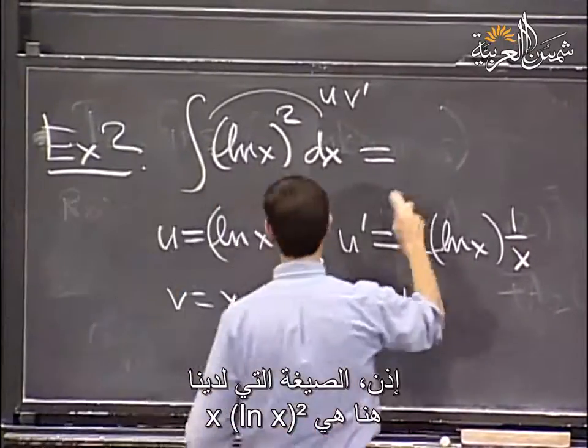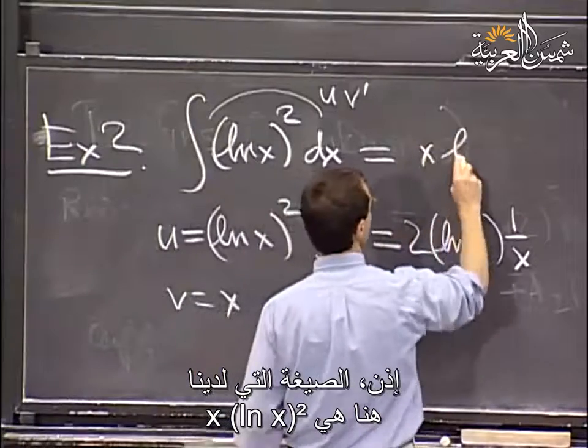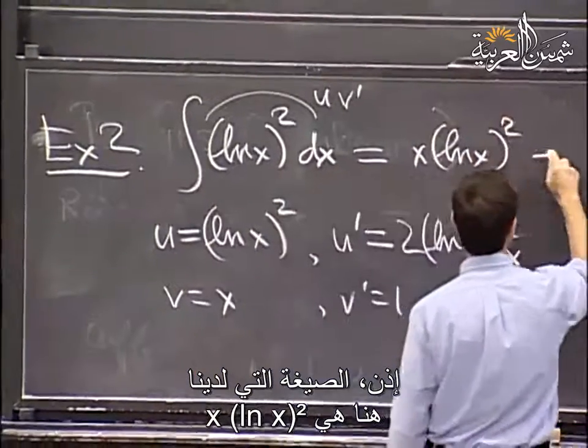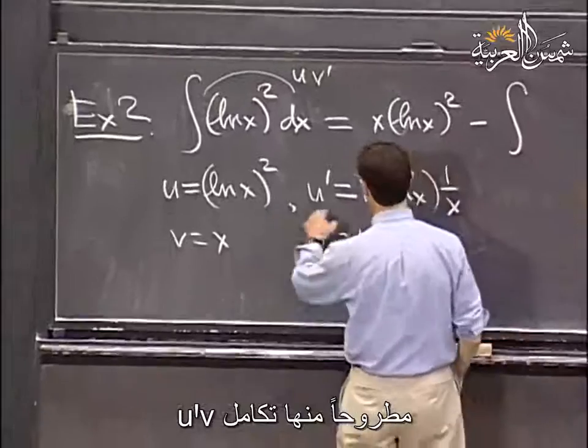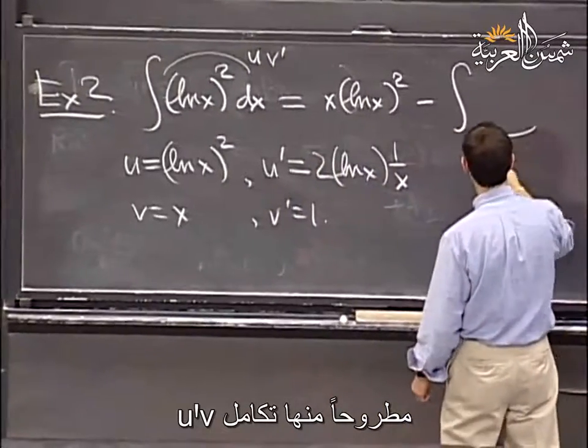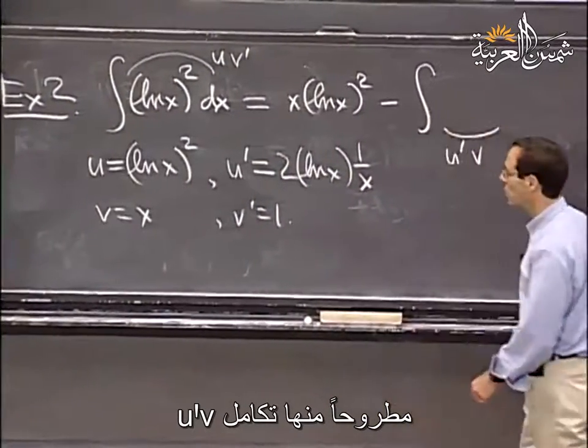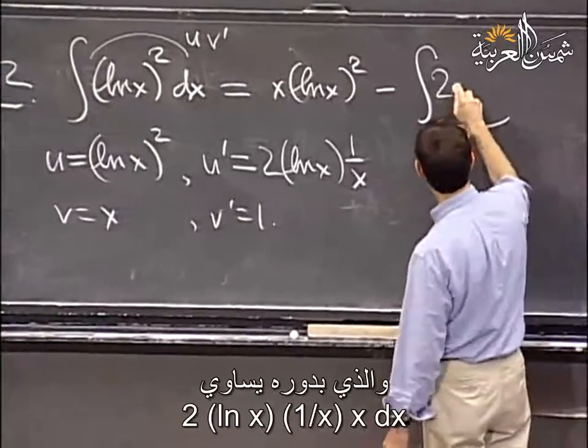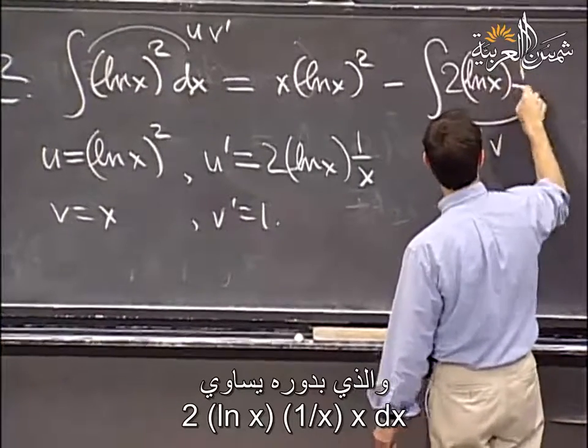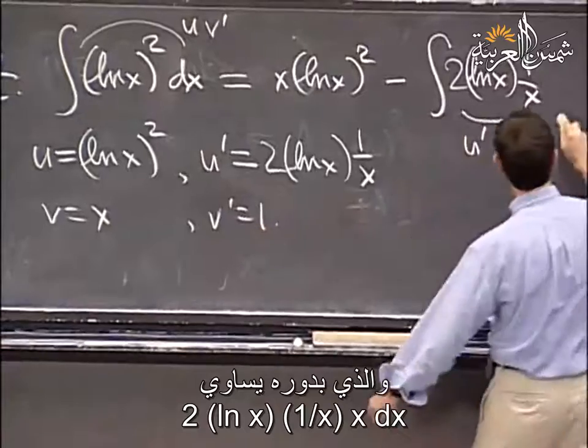And so the formula is that this is x log x, the quantity squared, minus the integral of, well, it's u prime times v, right? That's what I have to put over here. So u prime is 2 log x times 1 over x, and v is x.